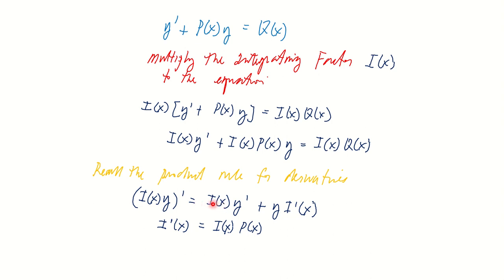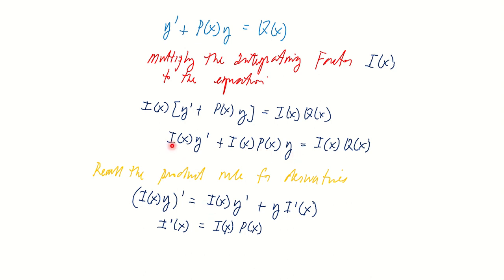So we have I(x)y' + y times I'(x). Now, you notice that I(x)y' + yI'(x) is quite similar to the left side of the equation, I(x)y' + I(x)p(x)y.